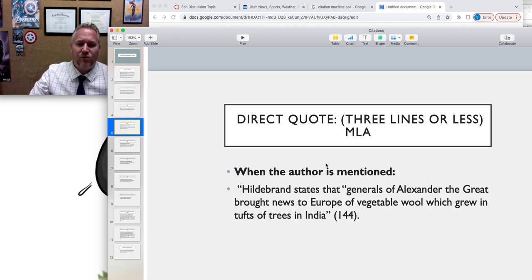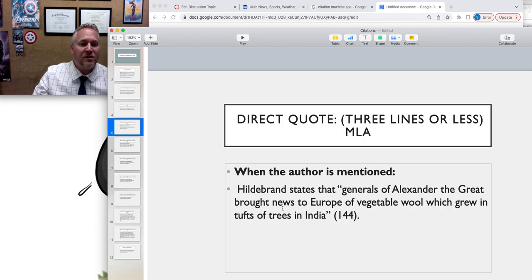All right, when the author is mentioned, okay? Why is there a quotation mark right there? That shouldn't be there. All right, let's take a look. So Hildebrand, that's the author of the article. Hildebrand, in some article, we should put the article right there in order to be fair, states that, quote, generals of Alexander the Great brought news to Europe of vegetable wool which grew in tufts of trees in India, quote, page 144.